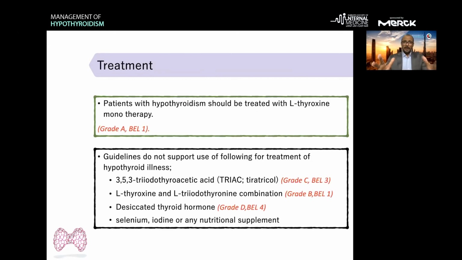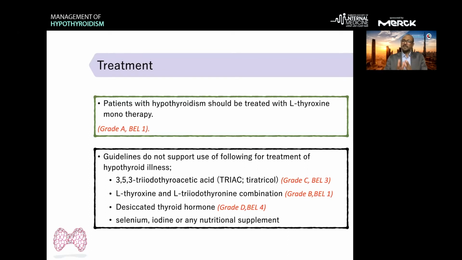So now, what would the guidelines say for treatment of hypothyroidism? And this is basically the American Thyroid Association guidelines. It says that patients with hypothyroidism should be treated with thyroxine monotherapy. Only thyroxine monotherapy. There are many people who go around and say you can add this and add this, but the guideline says hypothyroidism should be treated with thyroxine monotherapy.